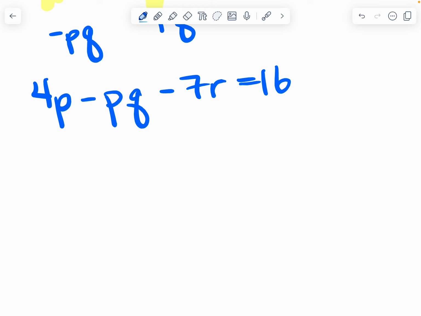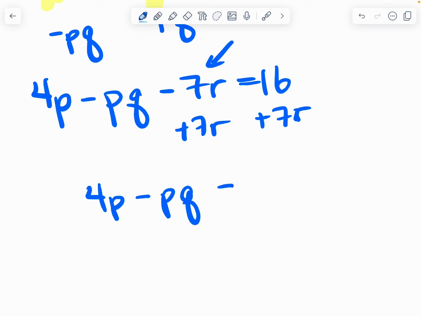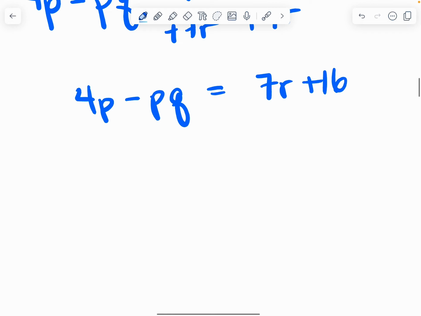Now I still want the p's to be on one side by themselves, so I'm going to move this. So I'm going to add 7r. I get 4p minus pq equals 7r plus 16. Now some of you are like, well, what am I supposed to do with this? Well, we're going to do the opposite of the distributive property. Do you notice how both of these have a p in common?